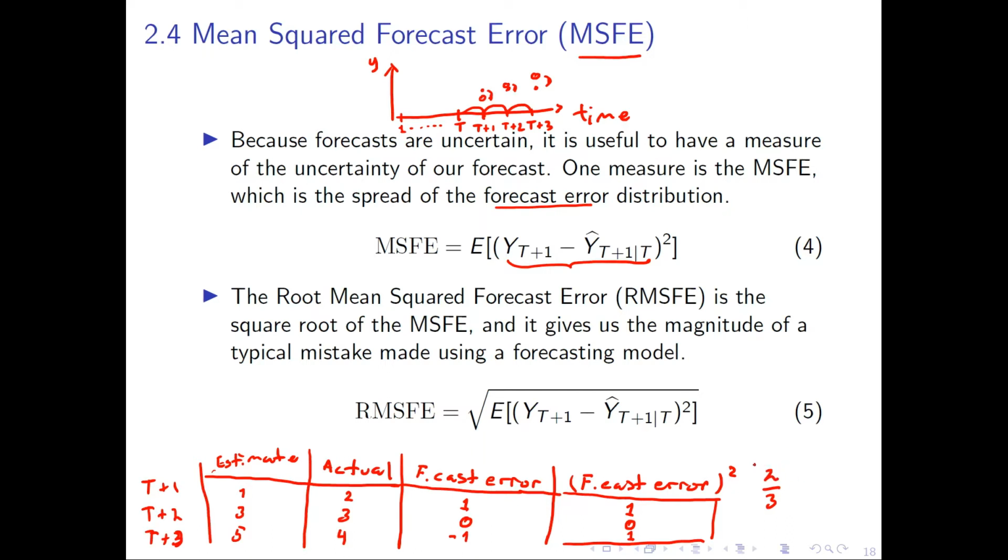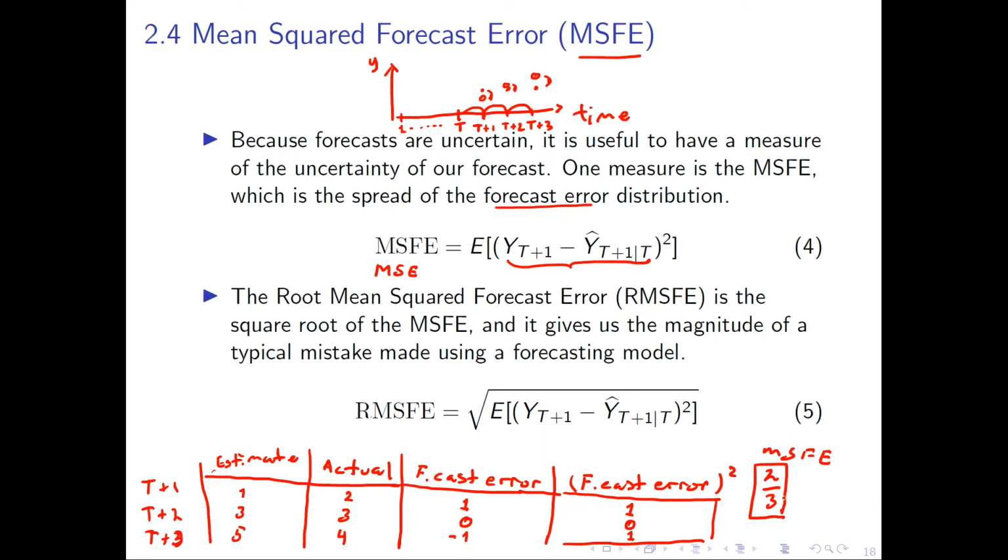So this is the mean squared forecast error. One thing which is important to know is that the mean squared forecast error is most often just written mean squared error. And this mean squared error resembles the variance, so whenever you see mean squared error, just think variance.